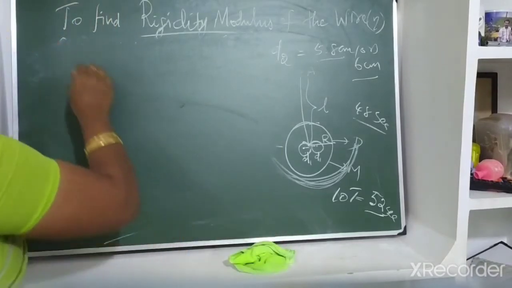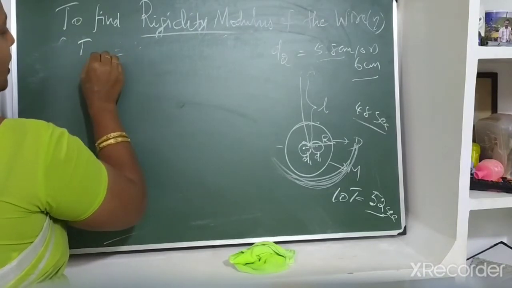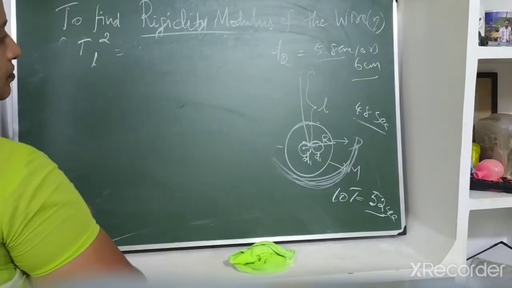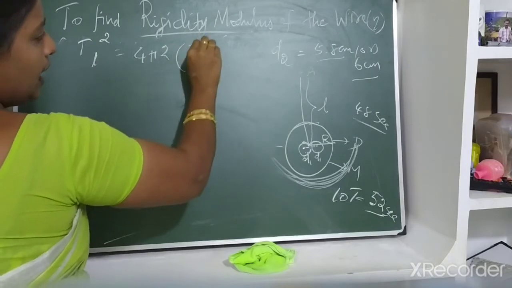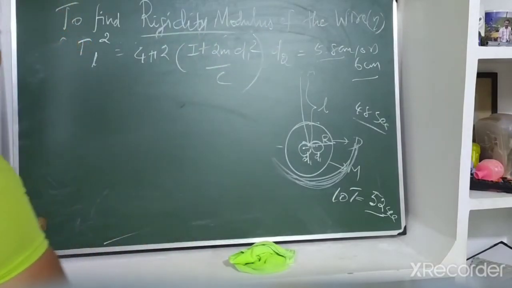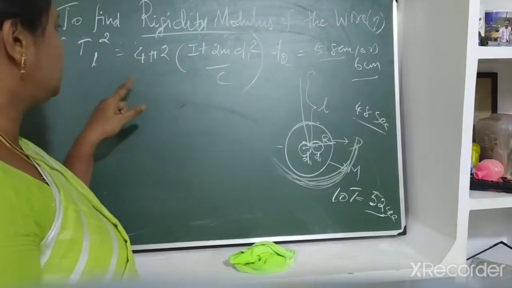Next, take T1 and square it. T1 squared equals 4 pi square into I plus 2m D1 squared by C. That is equation number 1, squaring on both sides.